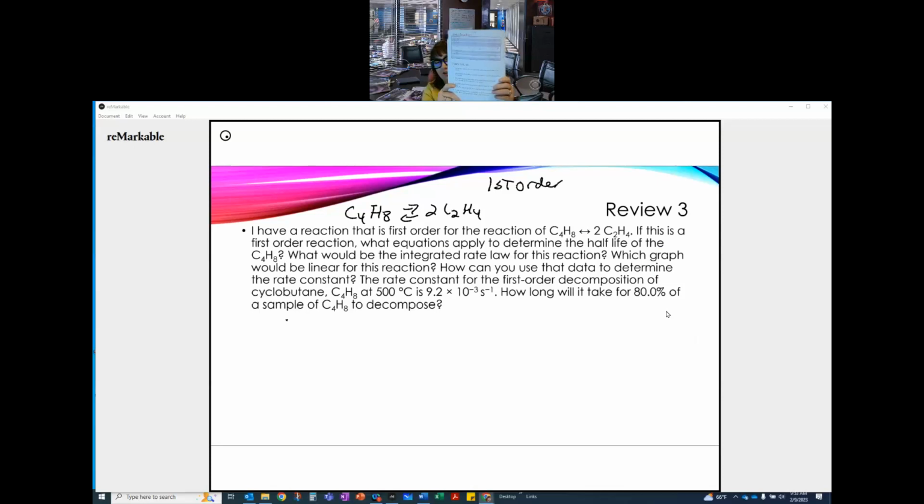On my exam handouts, there is a table on page 6, and there are sets of equations in that. They're not labeled as to which is which, but I know that one of them applies to zero order, one of them applies to first order, and one of them applies to second order. It's your job to remember which one is which.